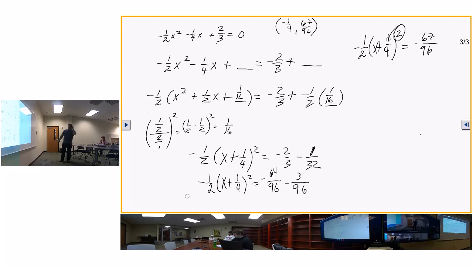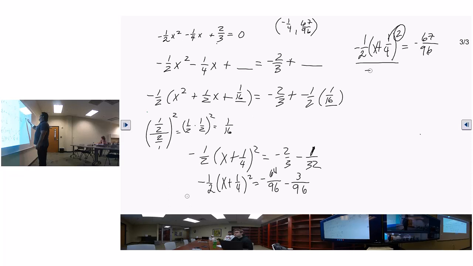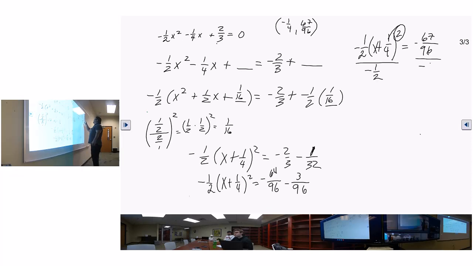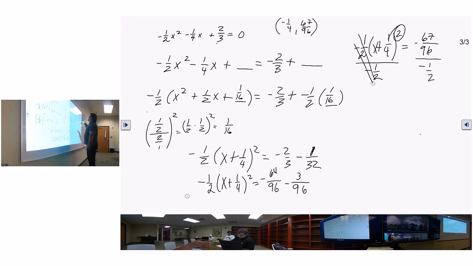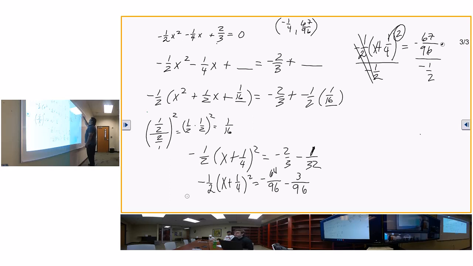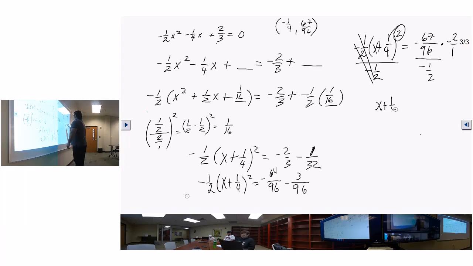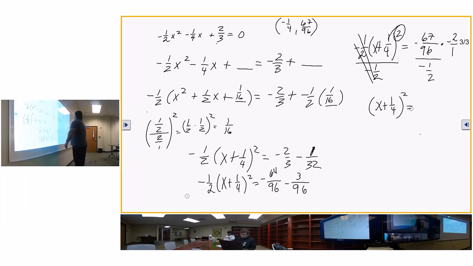Yes, sir. Thank you for answering that. All right, so I'm going to divide by negative 1/2. And what do you do when you divide by negative 1/2? You multiply by negative 2 over 1. So that's x plus 1/4 quantity squared is equal to, well, that 2 will take out that 96.